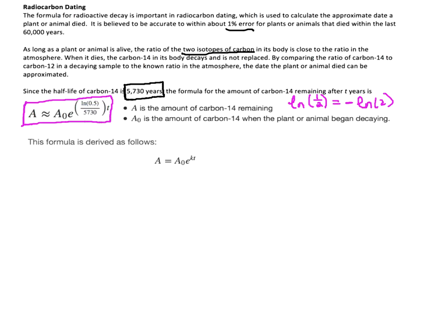Okay, so we start out with our equation for exponential growth. A equals A sub 0 e to the kt. And for this particular problem, I have already found my k value put in there for me. So I don't need to find anything.